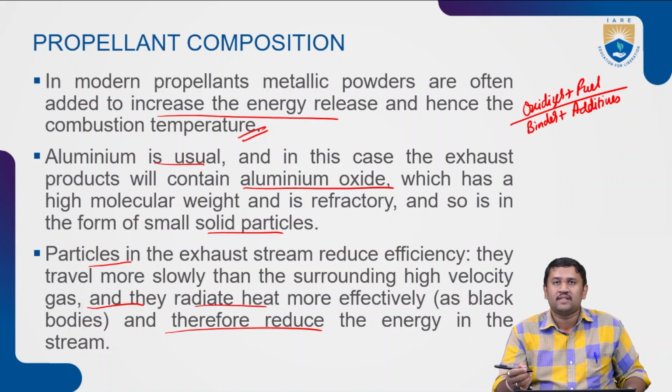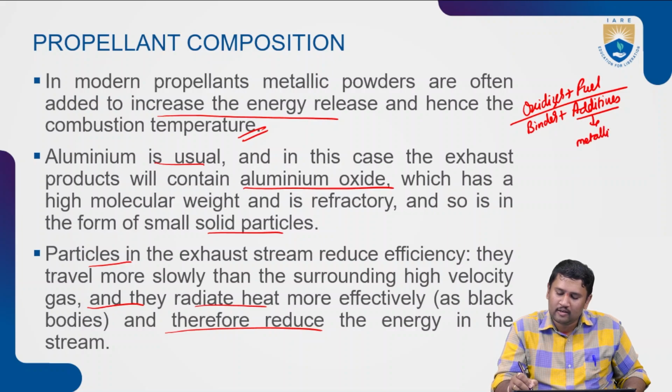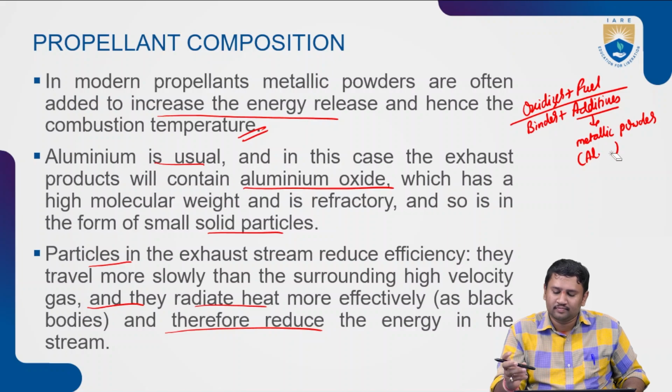Now, what happens in this? As a part of additives, we will be adding metallic powders, particularly for example aluminum oxide. Now, what are the properties of aluminum? It is basically a refractory material which produces more amount of heat.